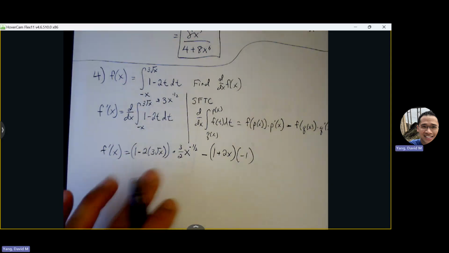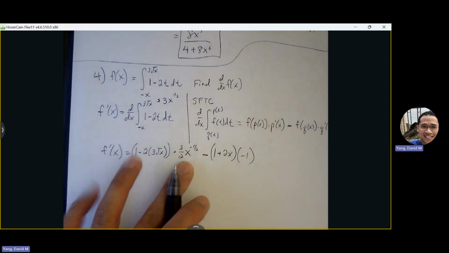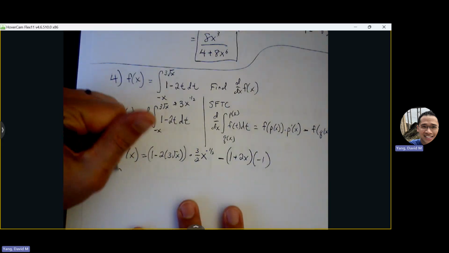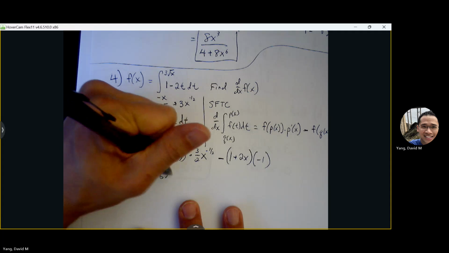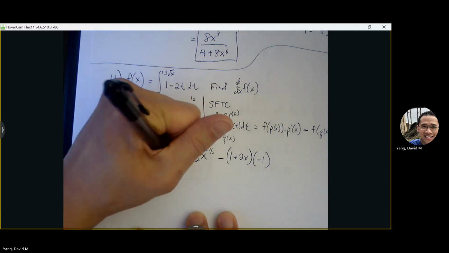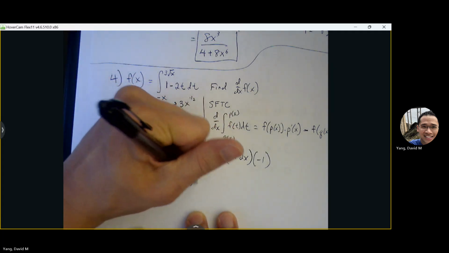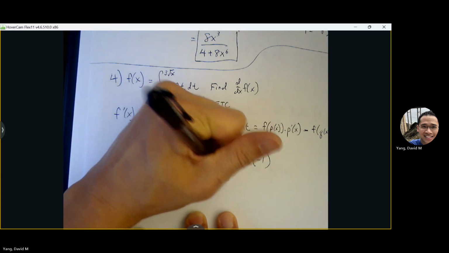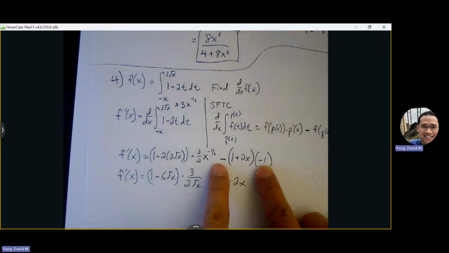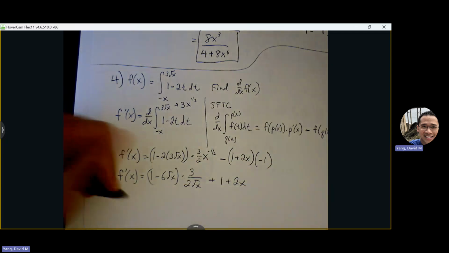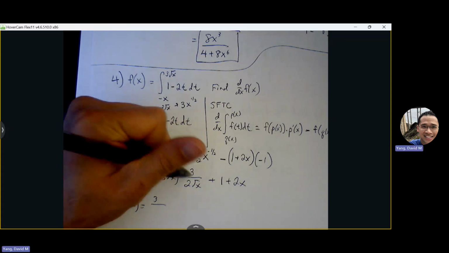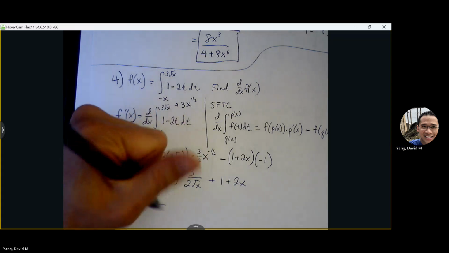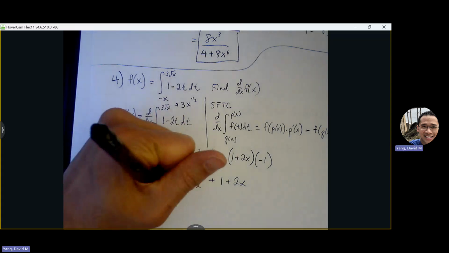Right, let me just do some cleanup in terms of distributing and resolving these negative exponents. And here, I'm just making the two negatives cancel out each other. So I'm just left with 1 plus 2x. Distribute the 3 over 2 root x through my parentheses.